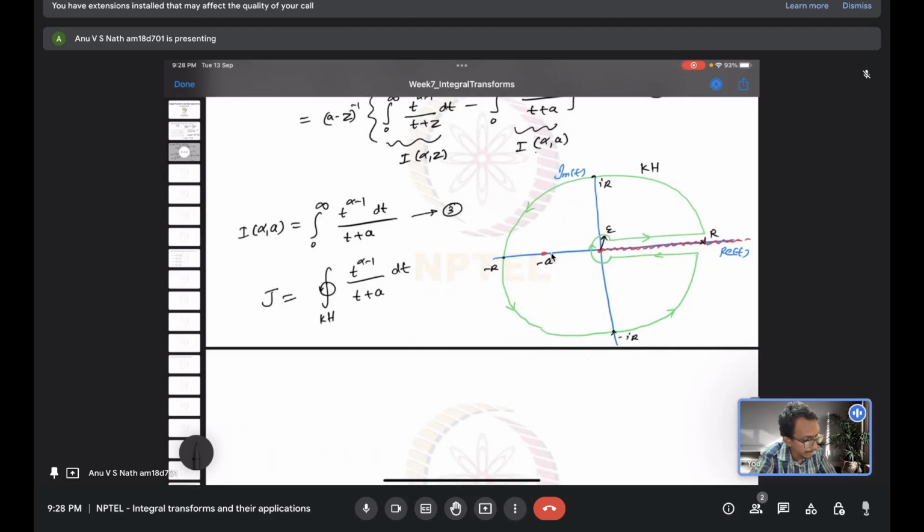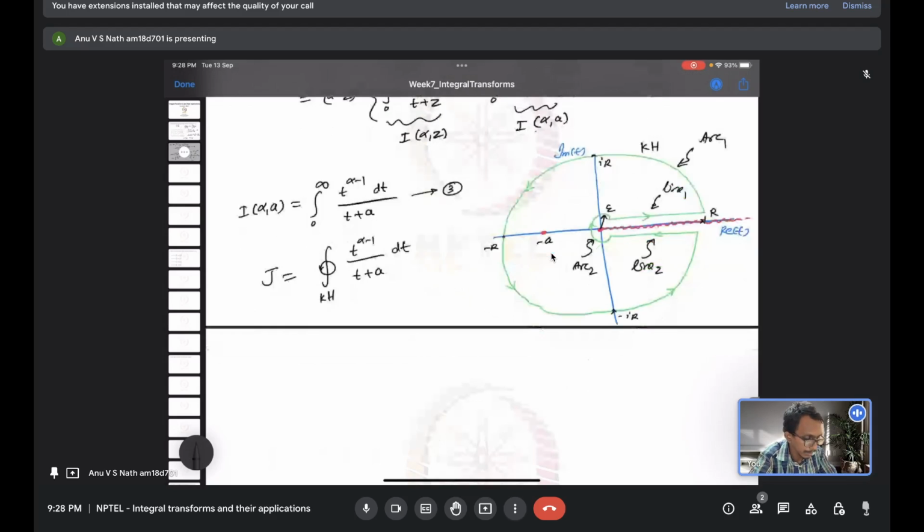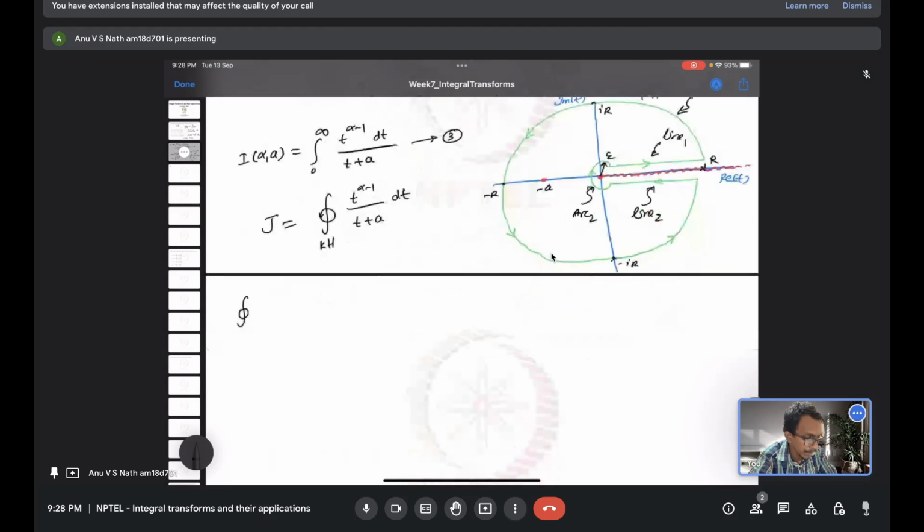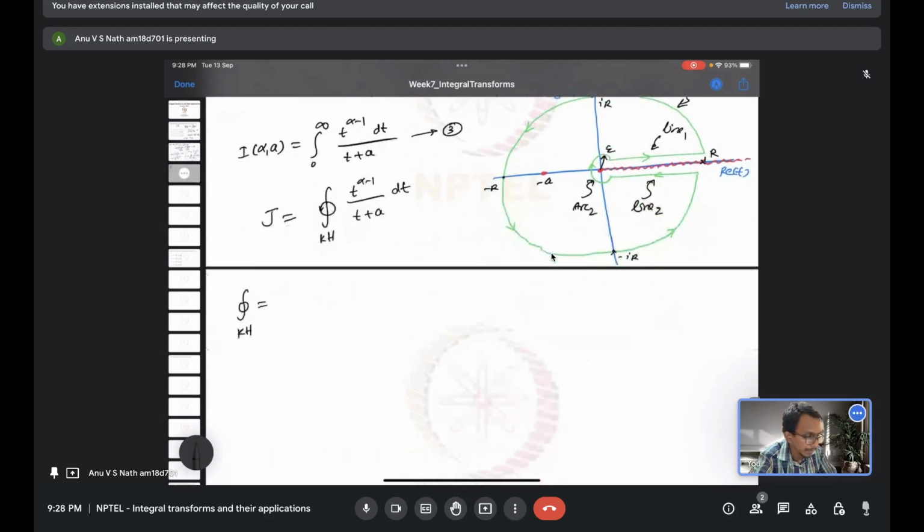Now let me tell you that this is arc 1, and this is arc 2. This is line 1, and this is line 2. The integral of the function over the keyhole contour is actually a closed contour integral. I can split it into line integrals over arc 1, arc 2, line 1, and line 2.